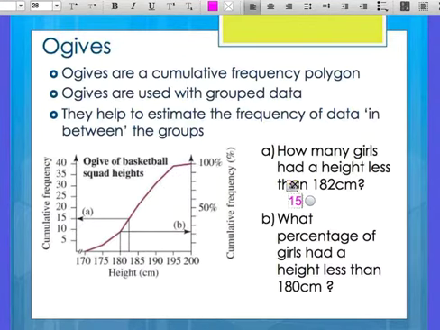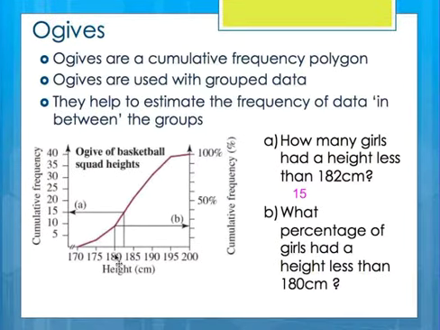So if we have a look at the next question that says, what percentage of girls had a height less than 180? So you find where is height of 180? So you can see it here on your graph. You draw a line up to where it hits the graph, and then you read across to where it hits your percentage. So we've got 50%, 40, 30, 20, 10.